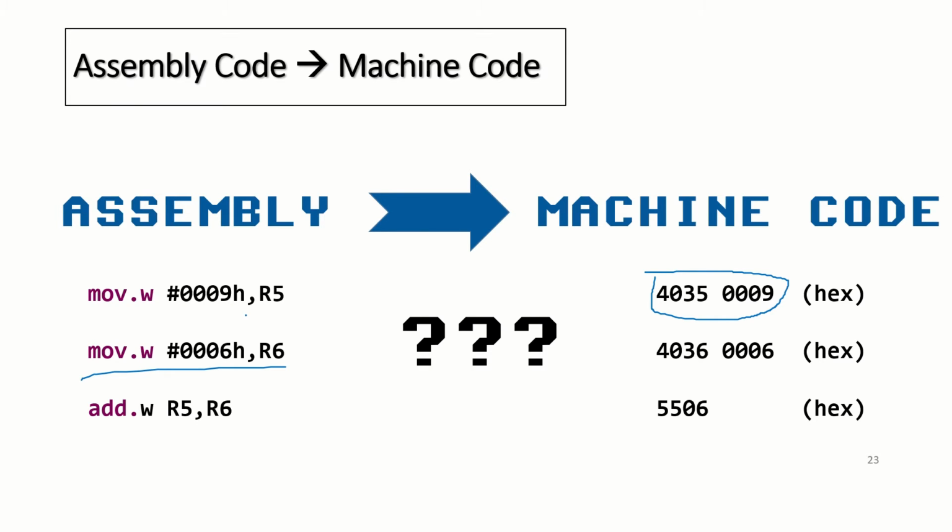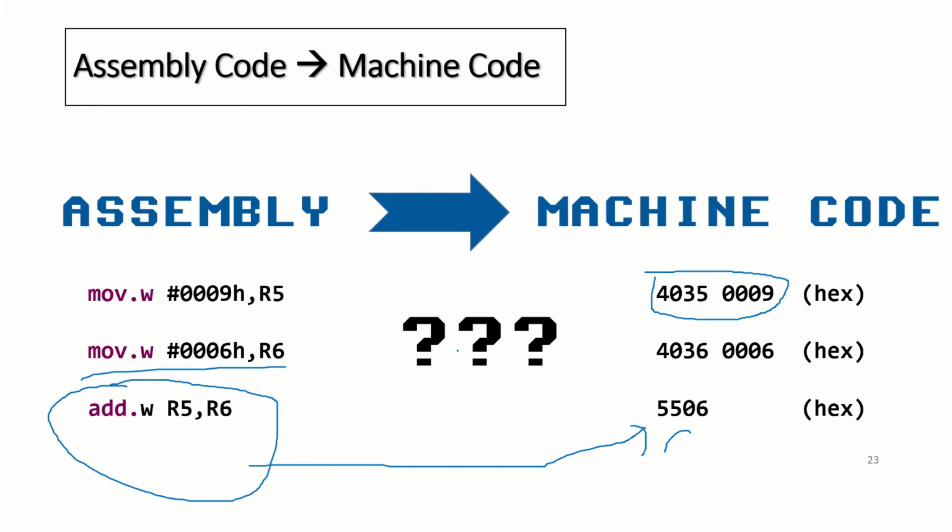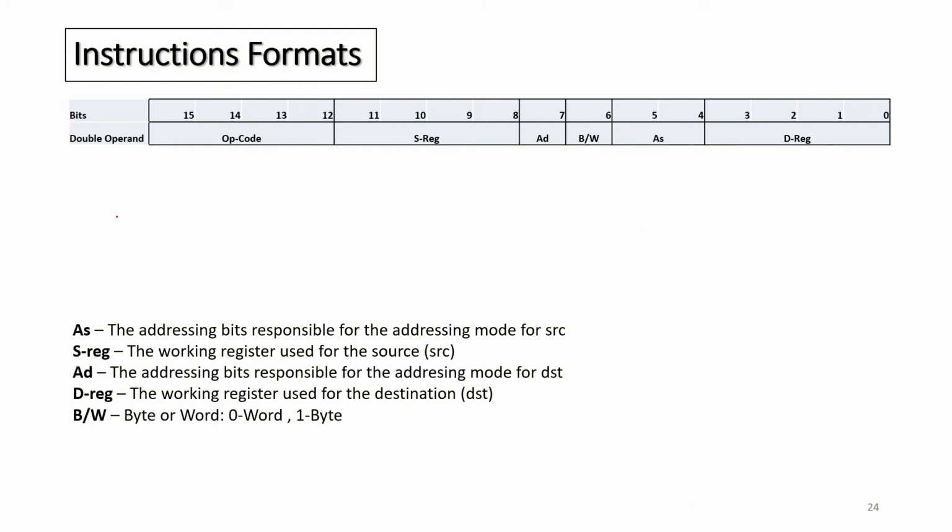The second example will be similar. So let's examine this command and see how it's converted into machine code. The instruction that we would like to convert into machine code is add word R5 to R6.